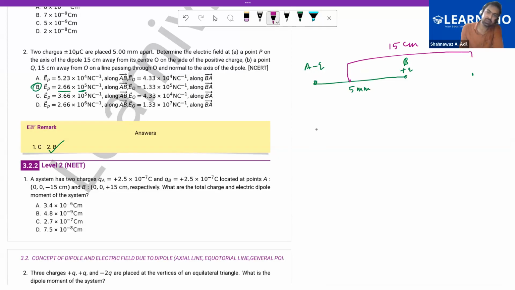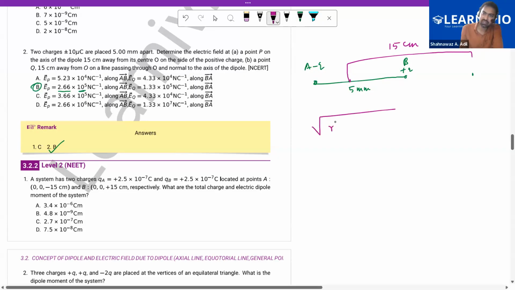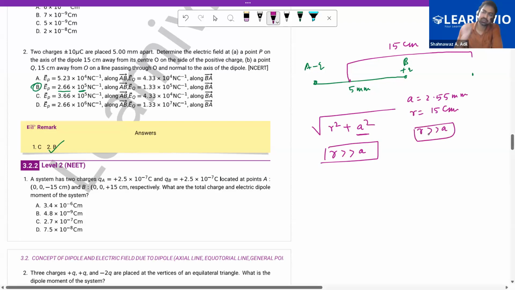Because in the derivation we neglect this part, since r is very much greater than a. That is the same condition applying here. So a is 2.5 millimeter and r is 15 centimeter, so r is very much greater than a. Then we can apply this 2 kp by r cubed. Otherwise, we cannot apply it.